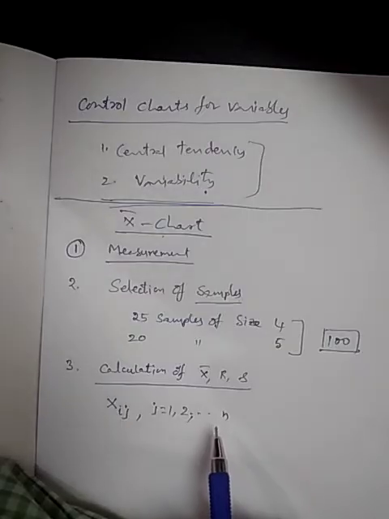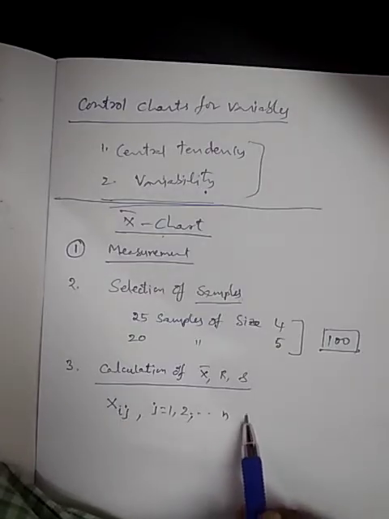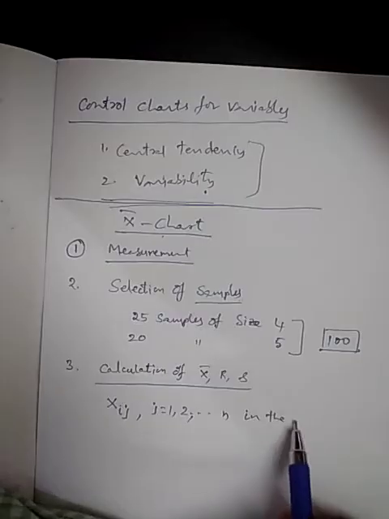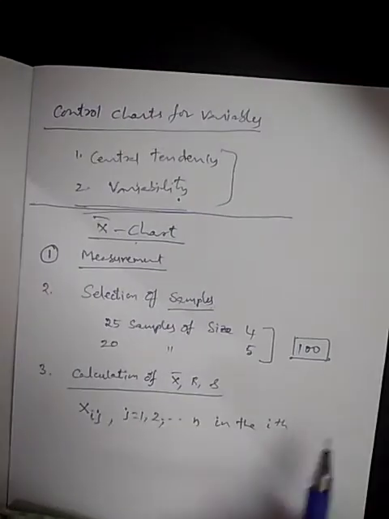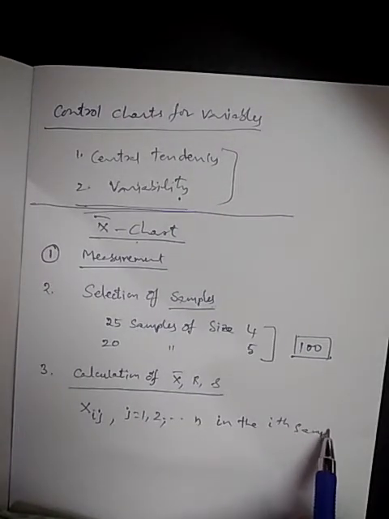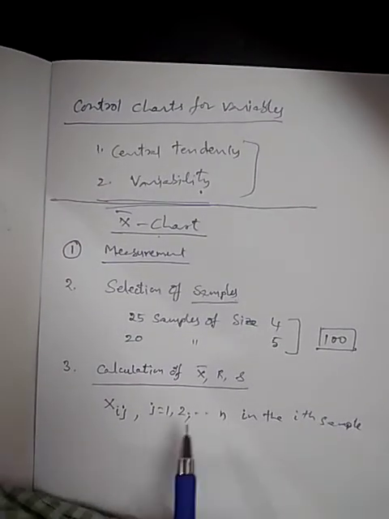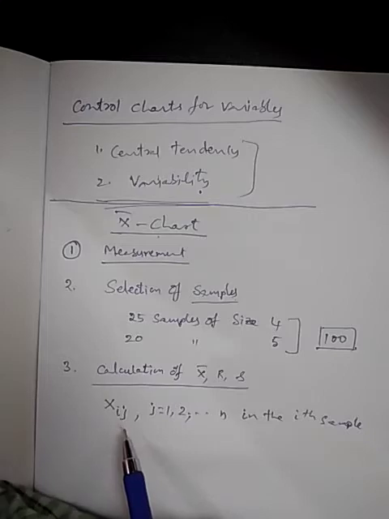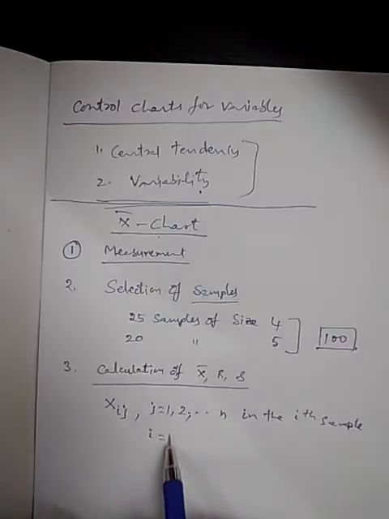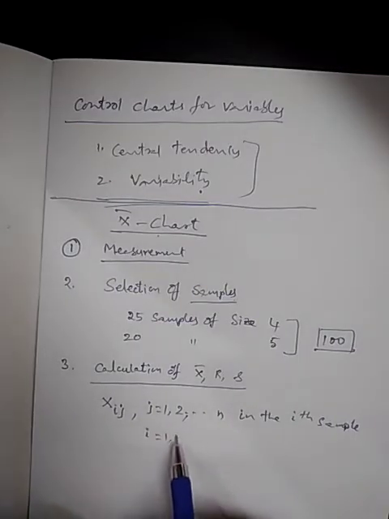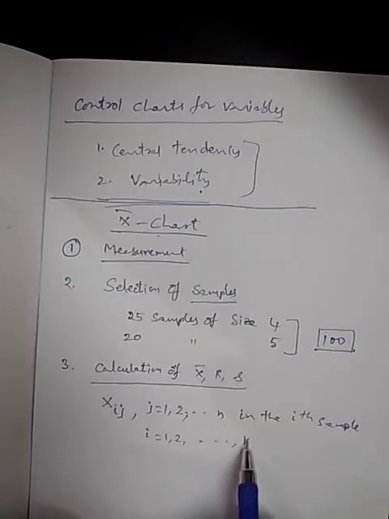For example, if there are n units Xij in the ith sample, how many samples are there? i is equal to 1, 2 and so on k.